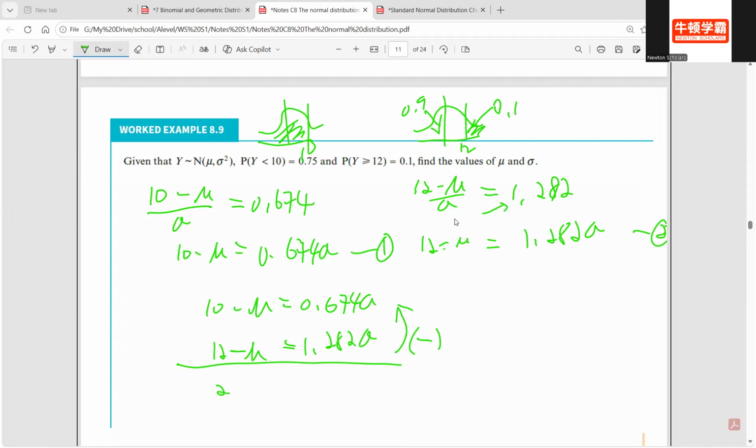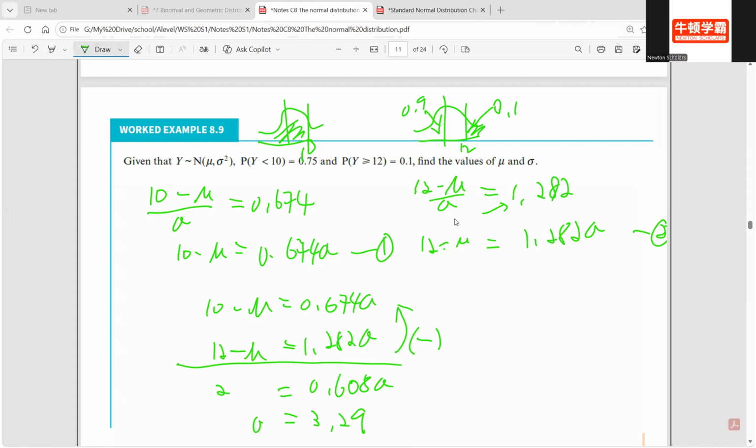So that means this one left 2, this one no more. This one I left 0.608. Then I divide it. I will get my standard deviation is 3.29.